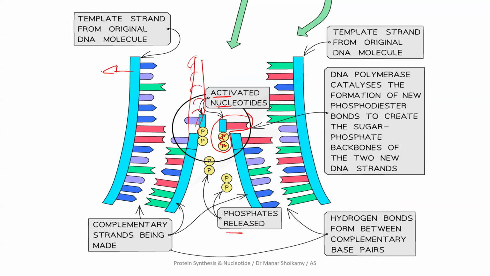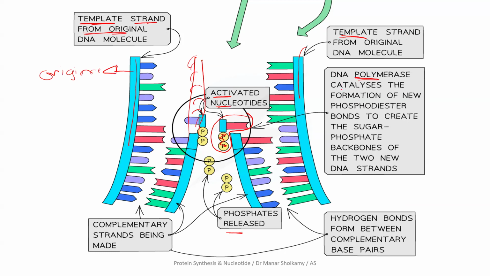This is the original strand. As long as this is the original strand, then we call it the template strand from the original, okay? And this is another template strand because I'm going to use both template strands to build my new strands. Let's read together. I'm not going to explain anything new. I'm just going over what we said.